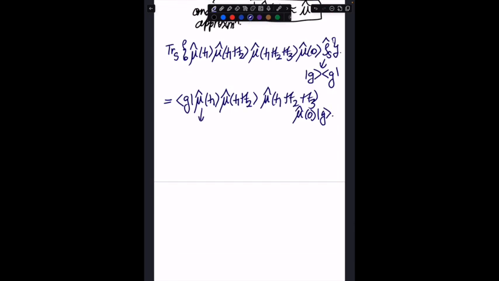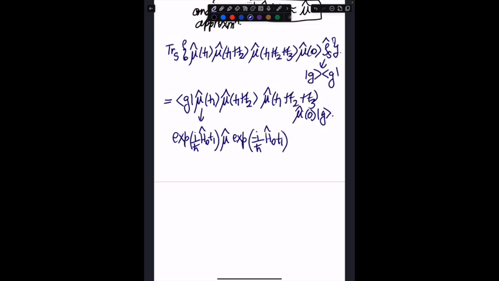So now we write this in terms of the time propagators. So you have to write it as exponential i upon h bar h0 t1, and then you have mu, and then you have exponential minus i upon h bar h0 t1.